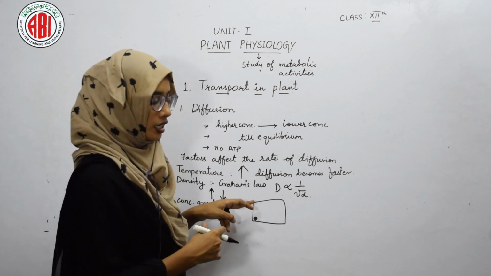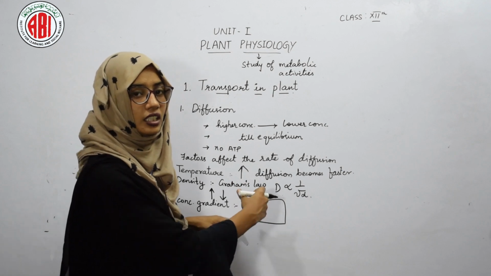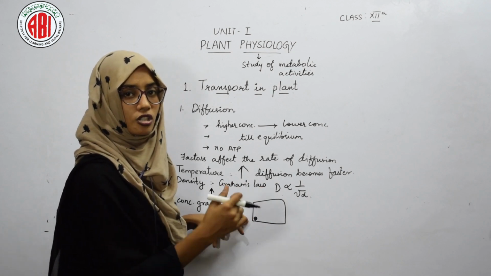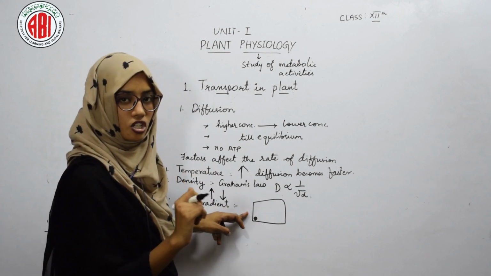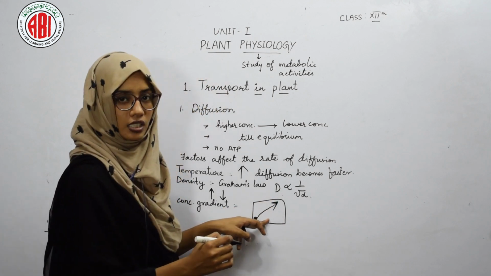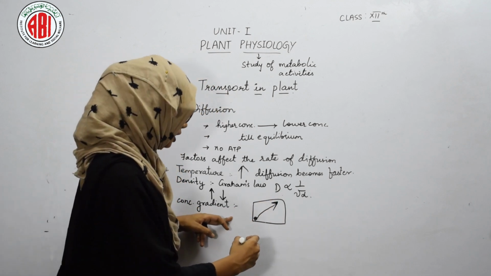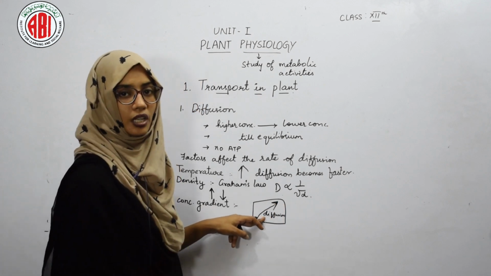So in one corner the higher concentration is present, whereas in the other corners there is no concentration or a lower concentration. In this situation the particles diffuse faster. If the concentration gradient increases, the diffusion will also increase.